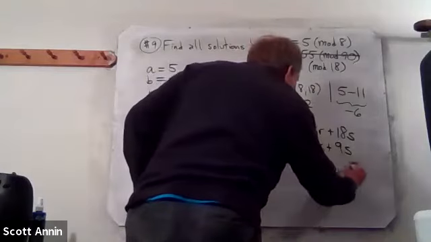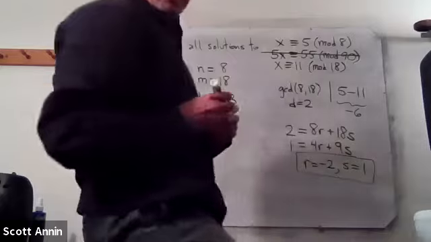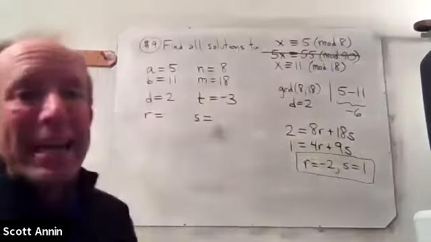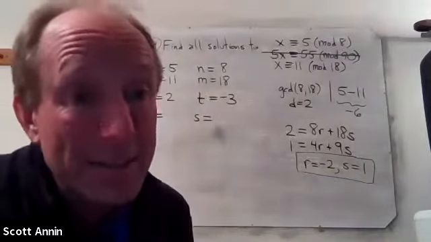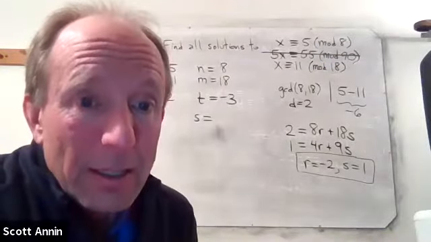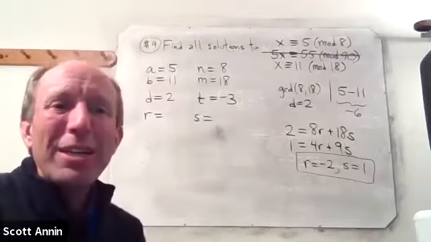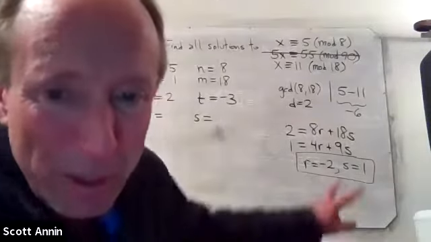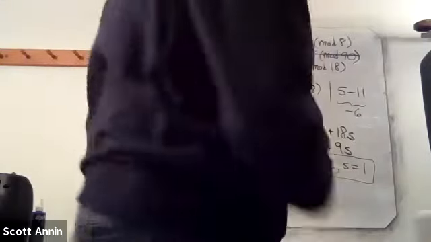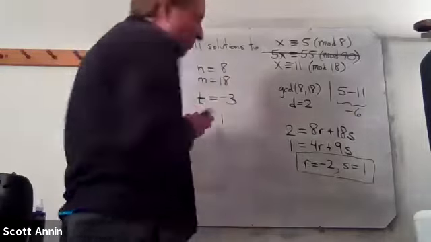And I can just tell with small numbers that I can take R to be -2 and S to be 1. That's what will come out, I think, if you just do the Euclidean algorithm on this one. It's not that hard to come up with these two values. So let's put those in over here, -2 and 1.